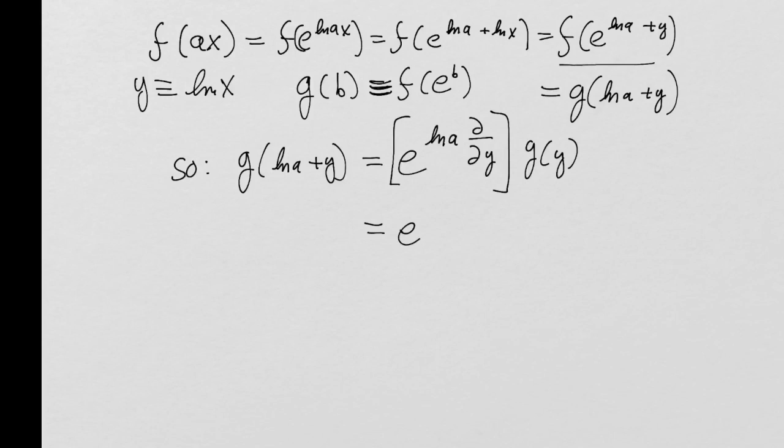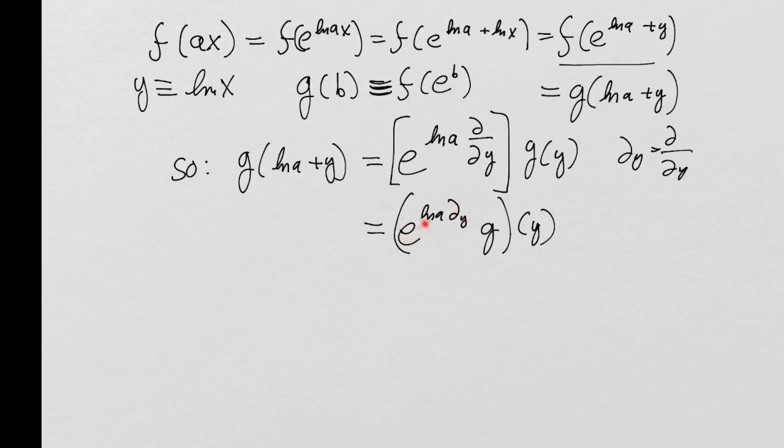So it would be e to the ln a partial y, where I'm creating a new notation where partial y equals del by del y, a little convenient notation, operating on the function g. And then this is understood as a function whose independent variable is y. That's another good way of looking at it. But then the e to the ln a, you can actually take this quite literally.